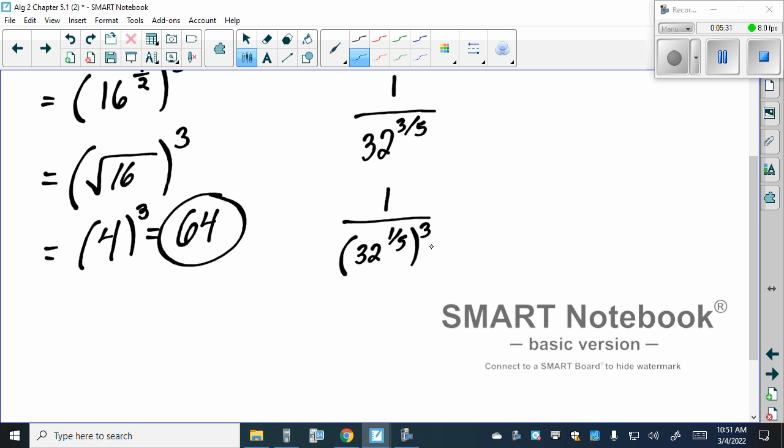Because really that's what we're saying here, that this is the same as 1 over the 5th root of 32 to the third. Since the numerator of our rational exponent is 1, we really have 32 to the first. Since the 5's in the denominator, it becomes our index, telling us we're taking the 5th root of 32.